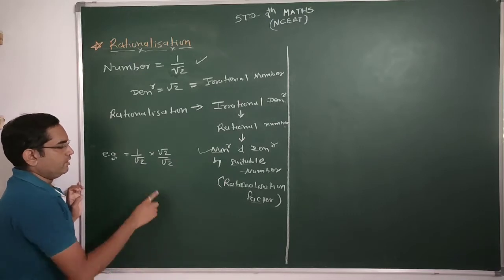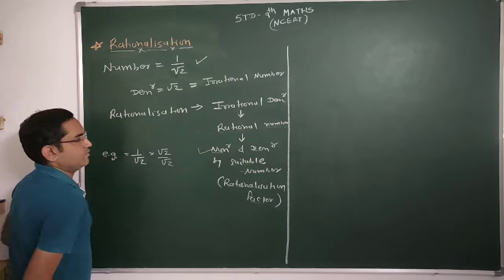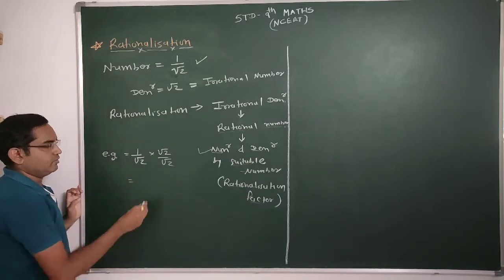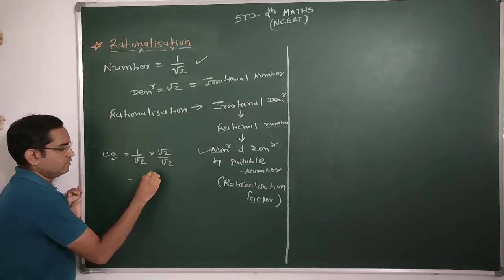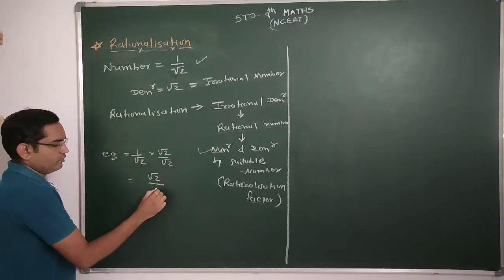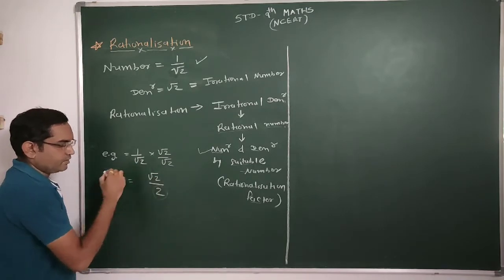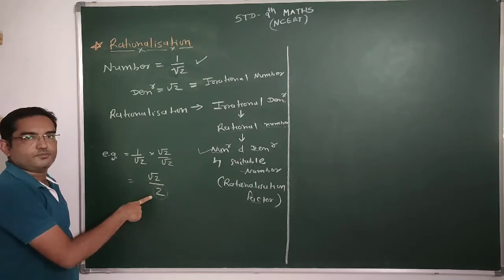So what will happen? Our denominator will become a rational number. That is equal to 1 into root 2, which is root 2, and root 2 into root 2, which is 2. Here you can clearly see that this 2 is now a rational number.